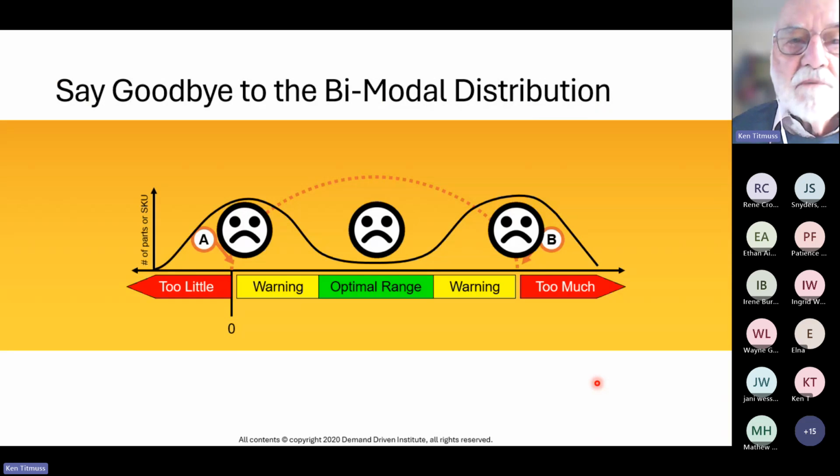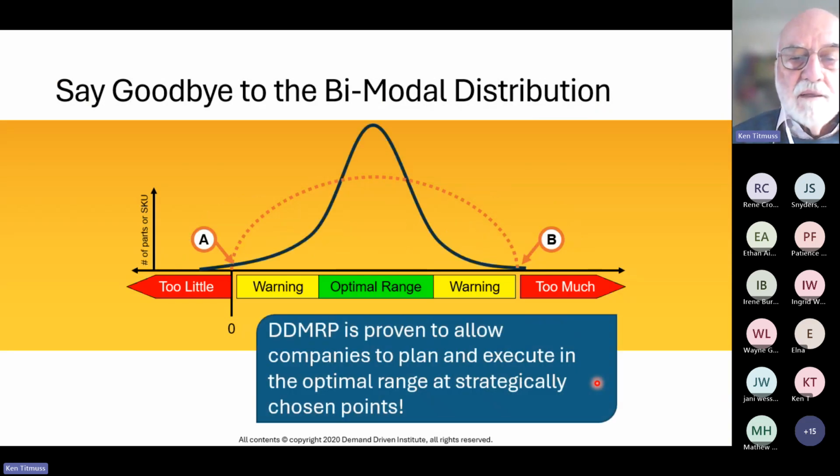So we want to say goodbye to this bimodal distribution, and we want to get the majority of our items sitting in this normal distribution in this optimal range. Yes, you will have items down on the A side here, too little. And we will have items sitting out here occasionally. And that's where we spend our time. We want planners and buyers to spend their time not worrying about this optimal range here.